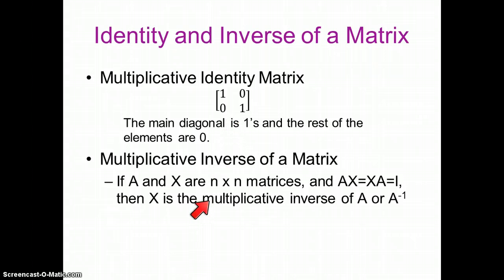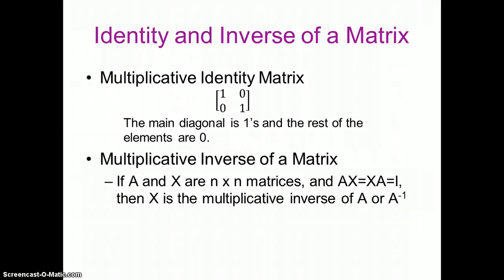We also have in matrices a multiplicative inverse. And like other parts of matrices, there are some that have inverses and some that do not. In order to tell if it's an inverse, you have to be able to multiply the matrices together and get the identity matrix I as your product.